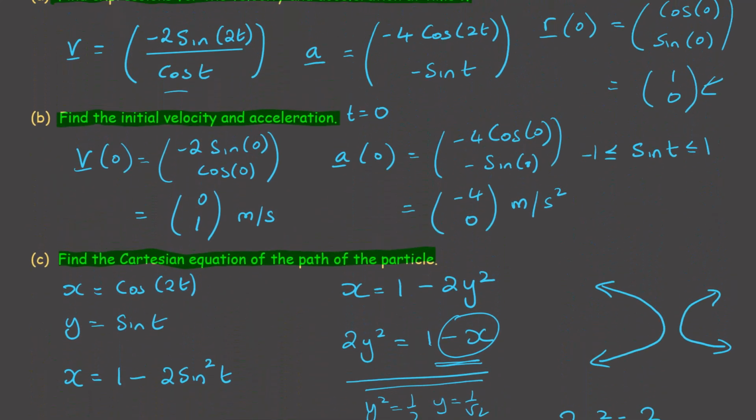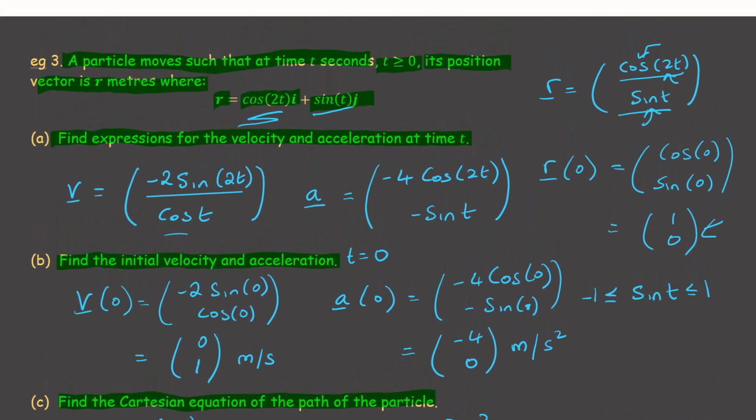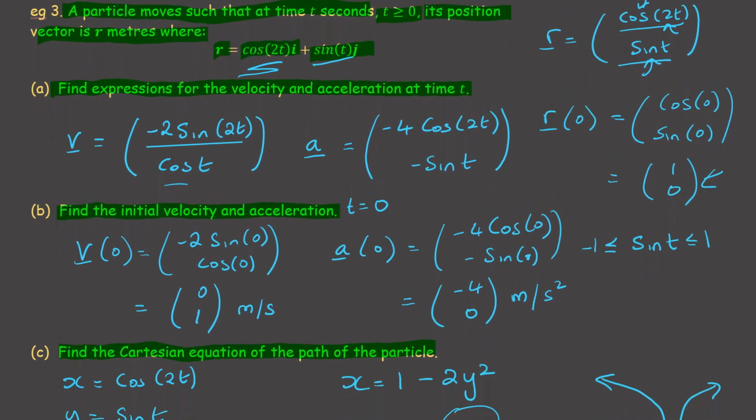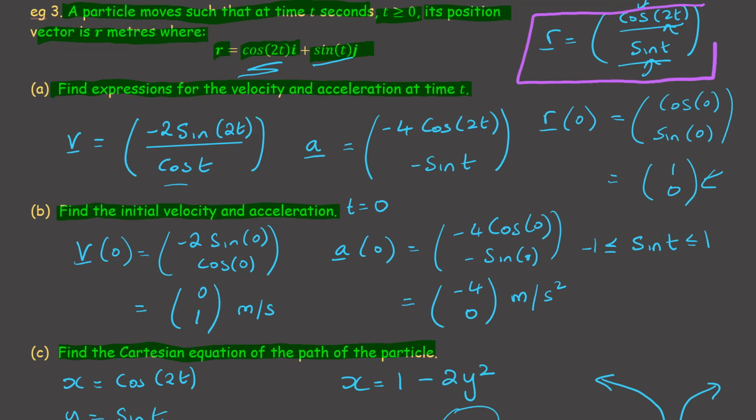So now let's think what happens. So we've got to look at this. We could try a few values, such as t is equal to pi by 4. If that was the case, we would have cos of pi by 2 and sine of pi by 4, which means that we would be at 0, 1 over root 2.